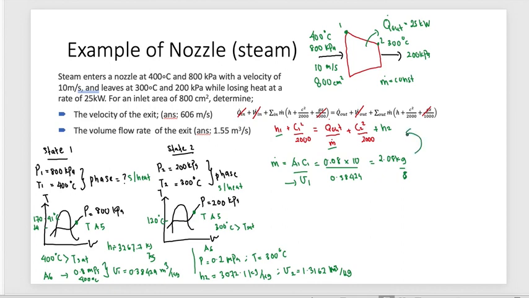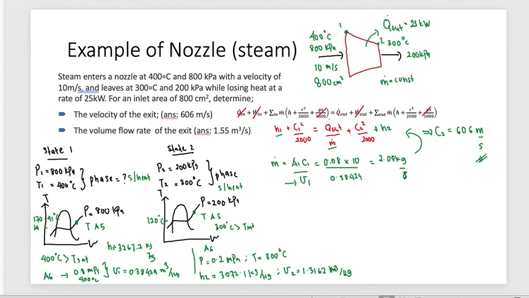Put all the values here, then I get the velocity at the exit as 606 meter per second. Please be careful with the unit.